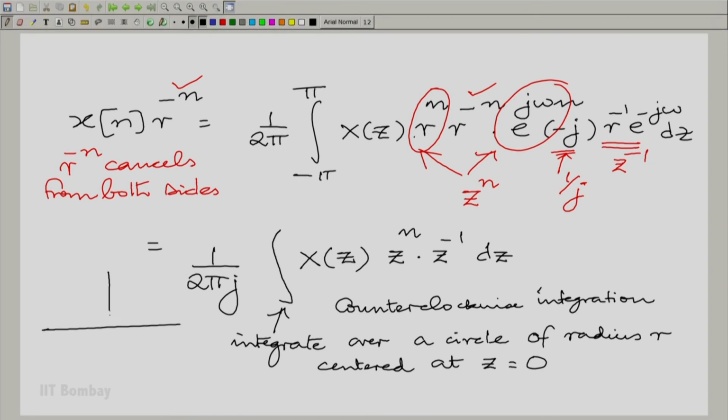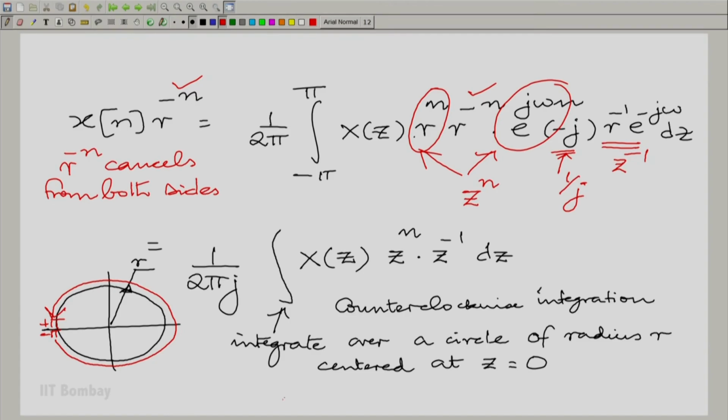You can visualize it. You have this circle of radius r, and you are traversing the circle like this. Minus pi and plus pi are really the same point, but you are traversing the circle like this. So, it is a counterclockwise integration along the circle.